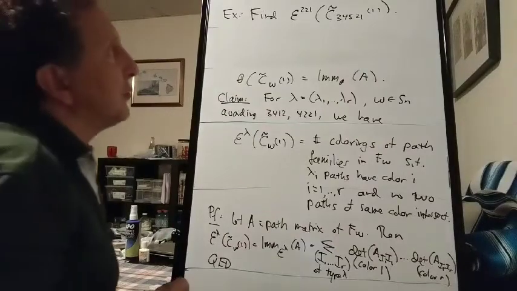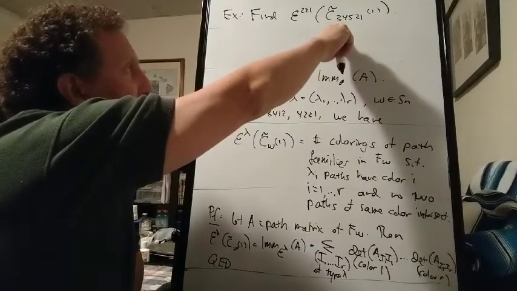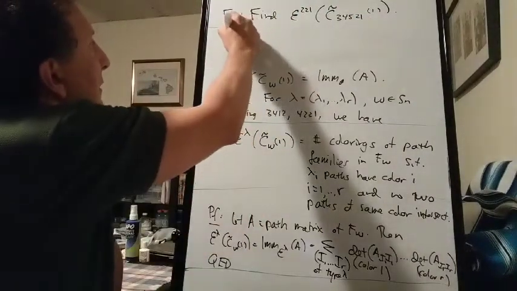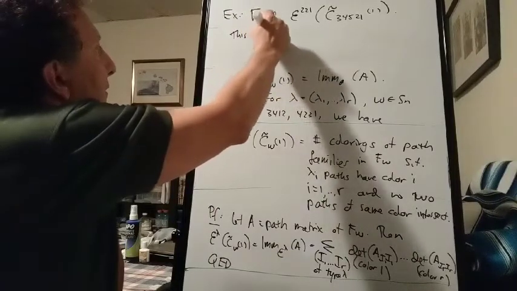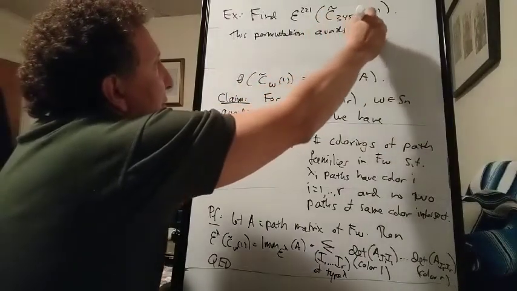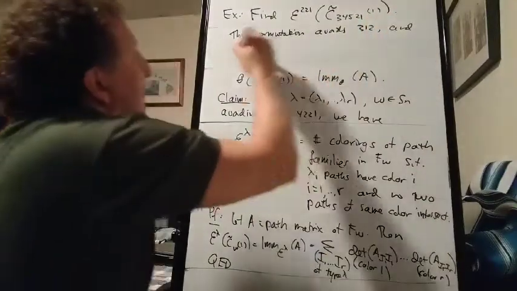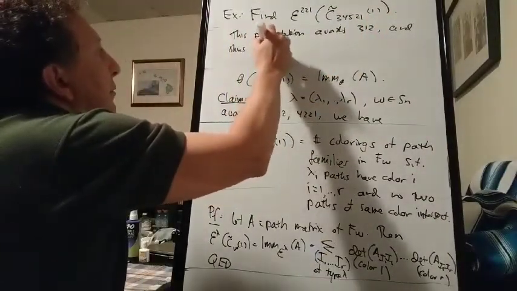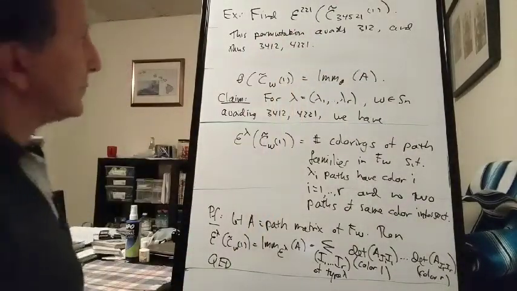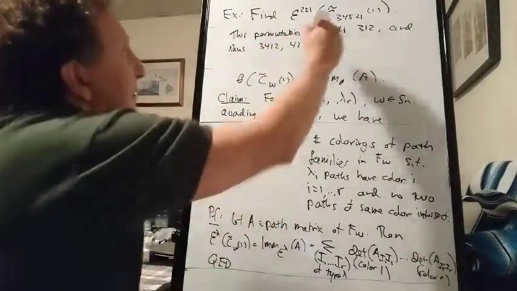This is a 312 avoiding permutation because you can see after any letter we never see two smaller letters in increasing order. So this permutation avoids 312, and therefore it avoids 3412 and 4231. So there's a descending star network representing this.